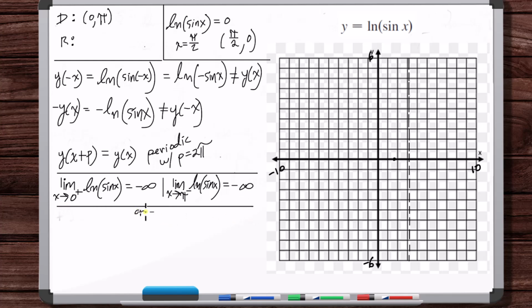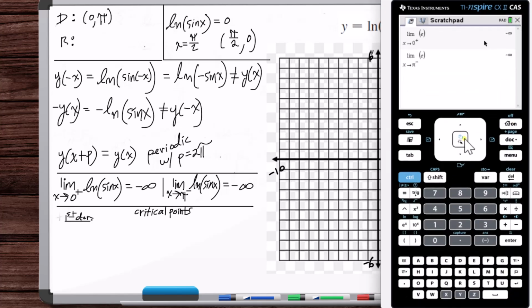Next, let's get the critical points. We'll start with the first derivative. Take the derivative with respect to x.